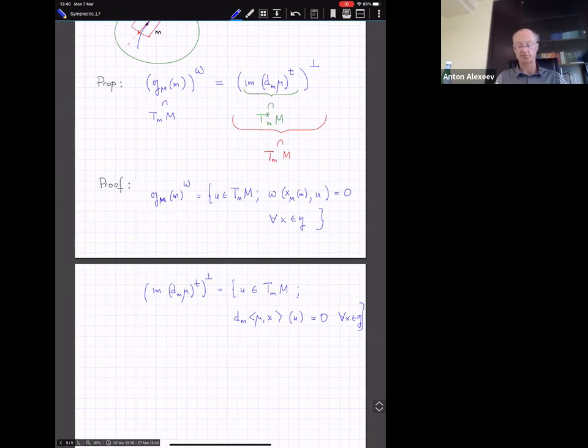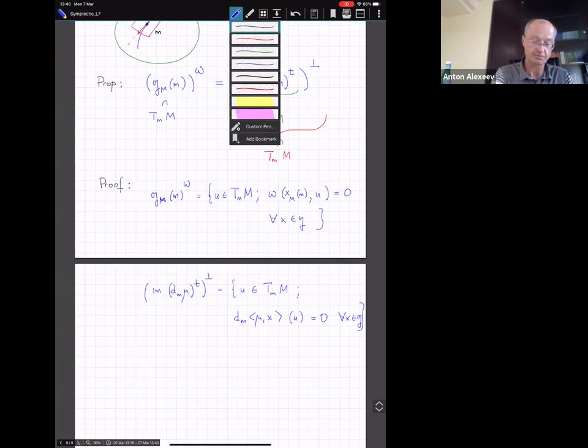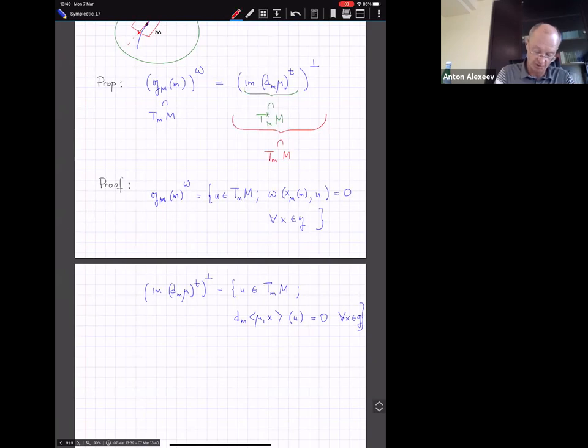All right, very nice. Now, of course, the moment map condition implies that omega of x_M(m), u is equal to minus d_m mu x of u, right?